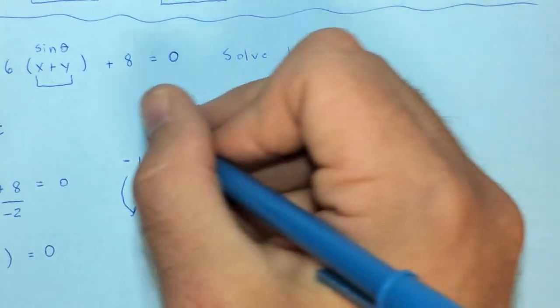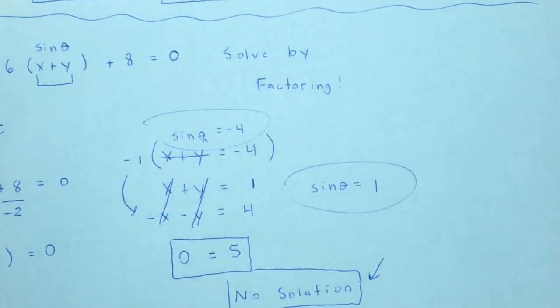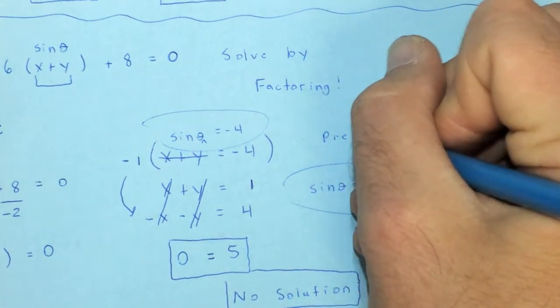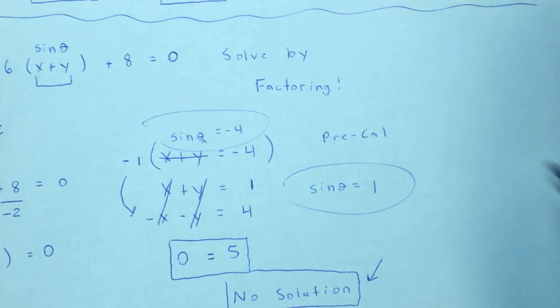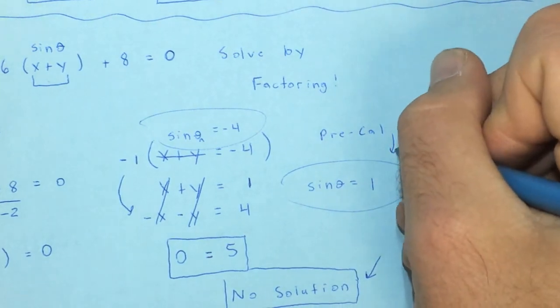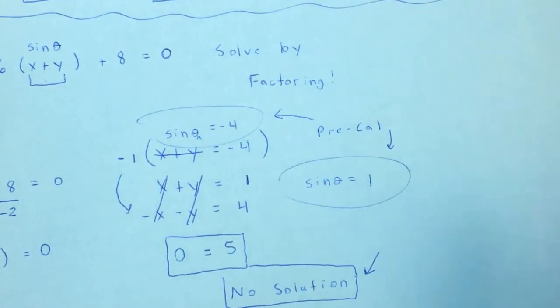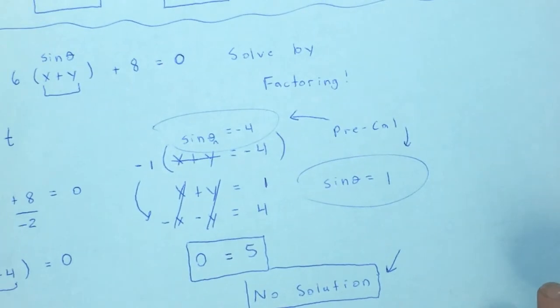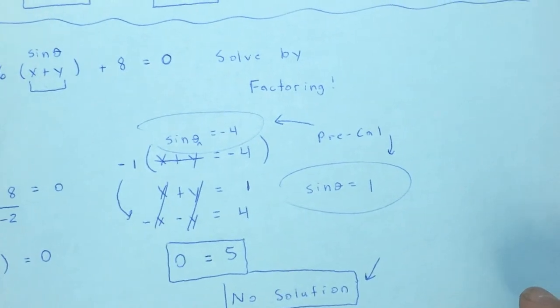Now these equations you have no earthly idea how to solve yet. You gotta wait till pre-cal. You'll get there, but we don't know yet. So all you have to do is set them up. We're just getting you ready for when you see those things.